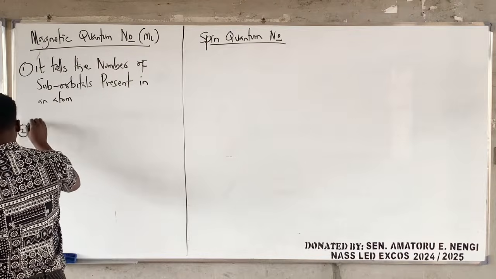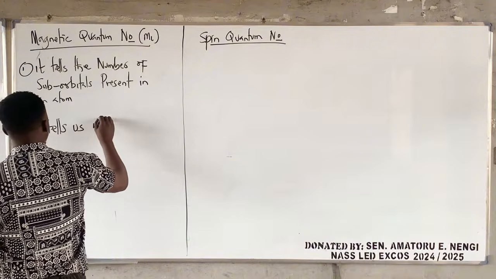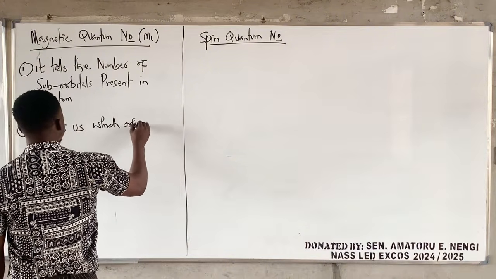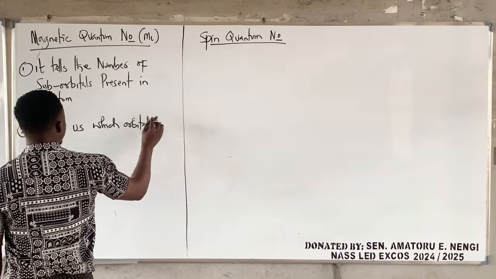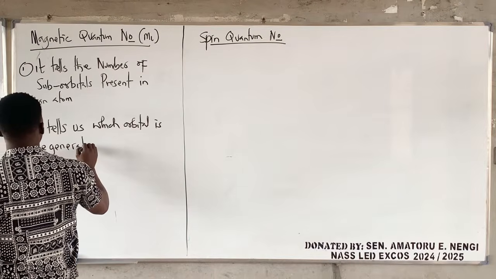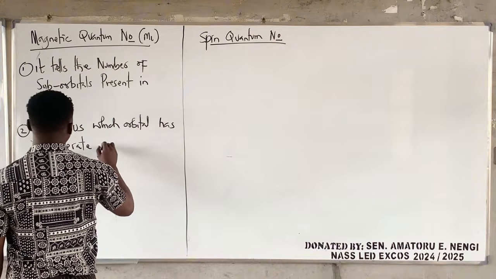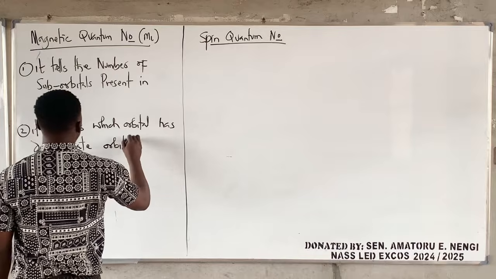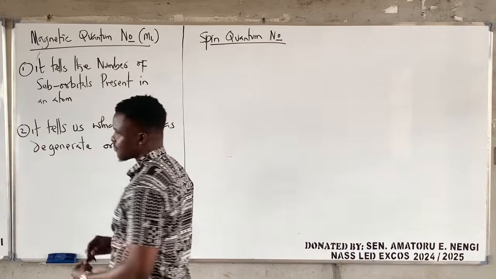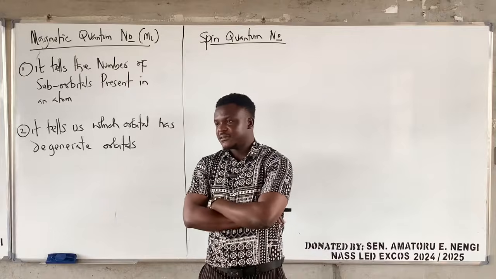Number 2, it tells us which orbital is degenerate. Which orbital has degenerate orbitals? Now, how did we actually come to terms with this?